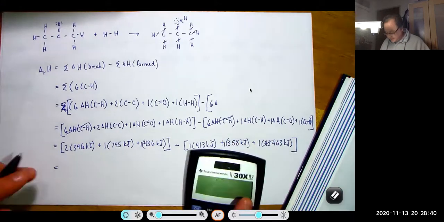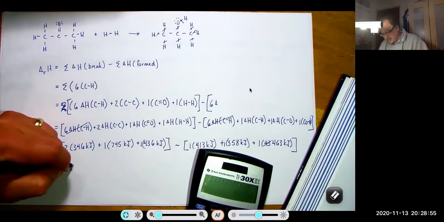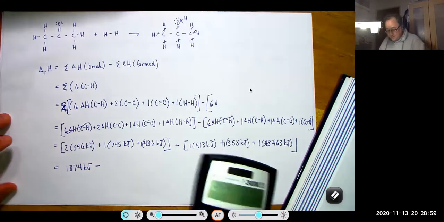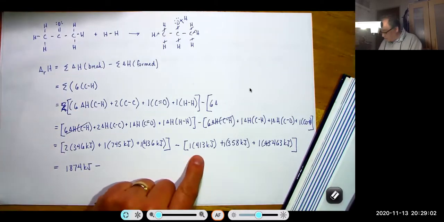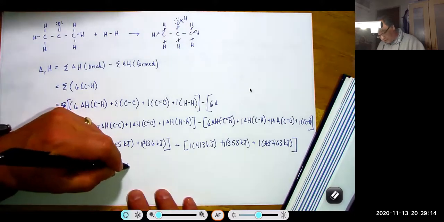So let's add these up together. 2 times 346 plus 745 plus 436 is equal to 1,874 kilojoules minus, so over here, we're going to have 413 plus 358 plus 463, which is 1,234 kilojoules.